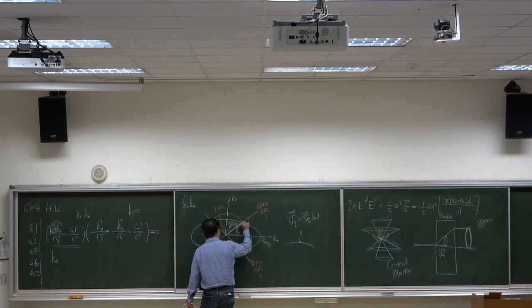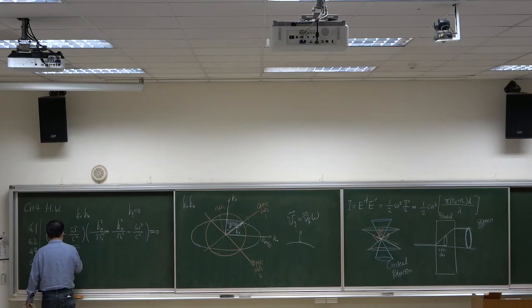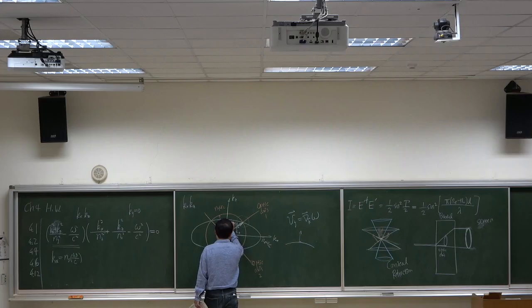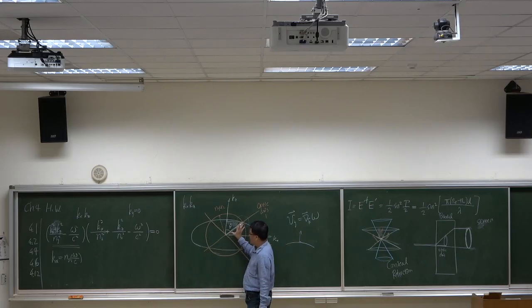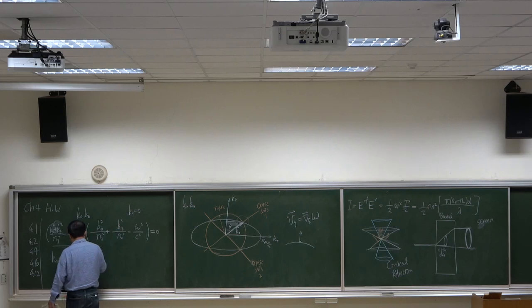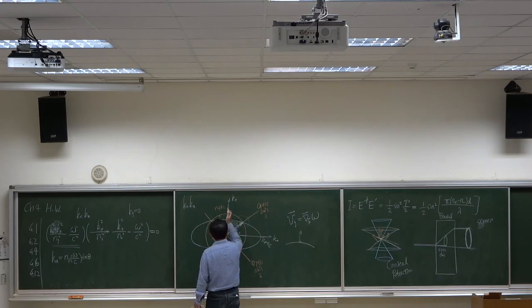The magnitude of k0 is ny omega over c, and its x component is given by the magnitude of k0 times sine theta. Notice that now theta is the polar angle.